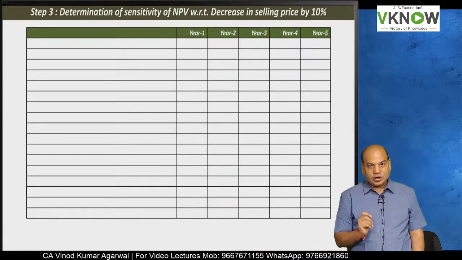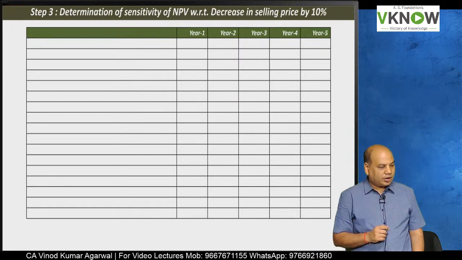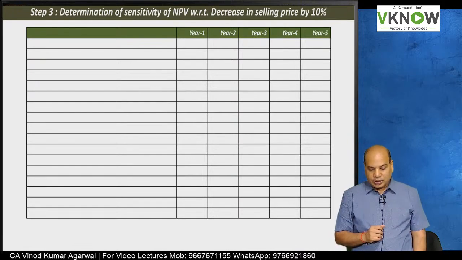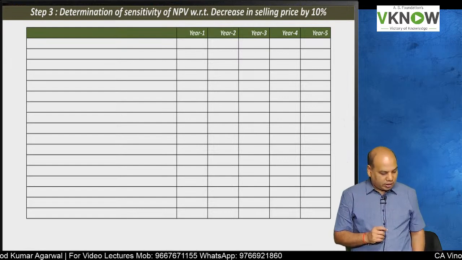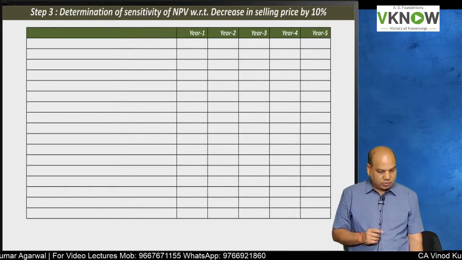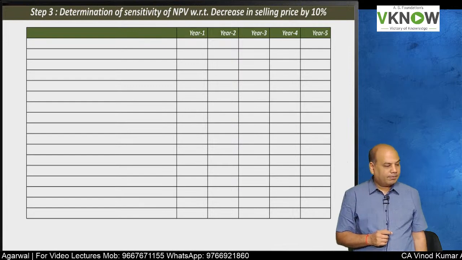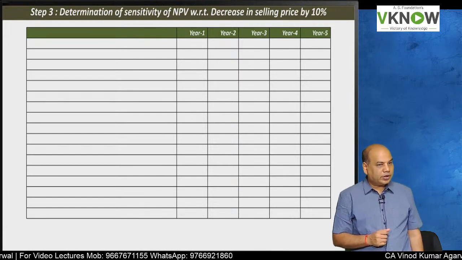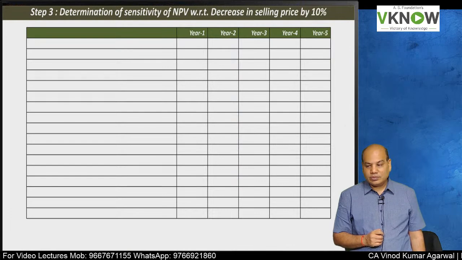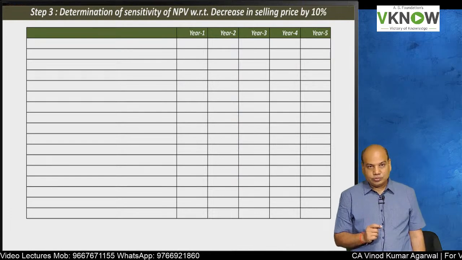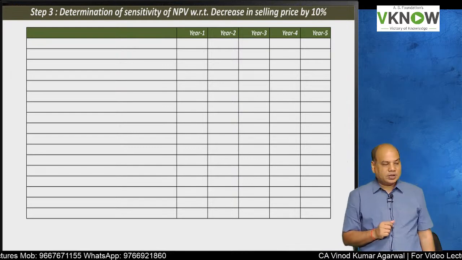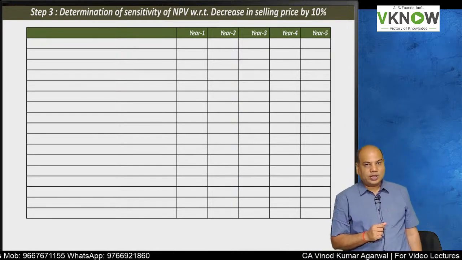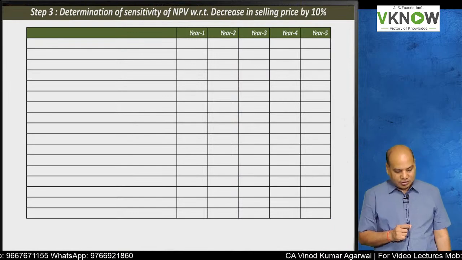Now write down step 3. Determination of sensitivity of NPV with respect to decrease in selling price by 10%.